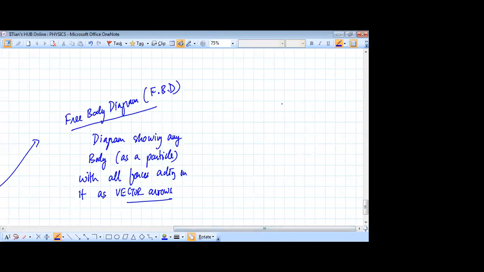So, for example, we had that problem earlier today. We had this. Now, its free body diagram will look like this. We will represent the body with a mass, with a particle, and show all the forces acting on it.